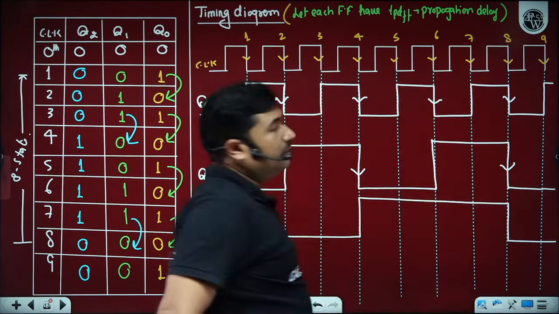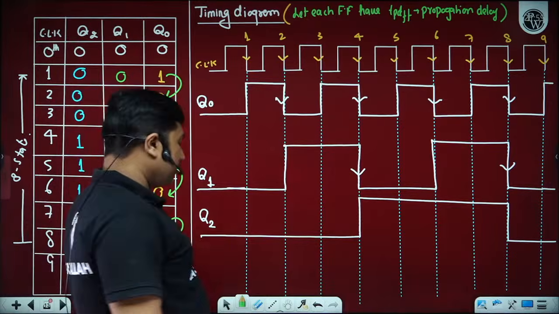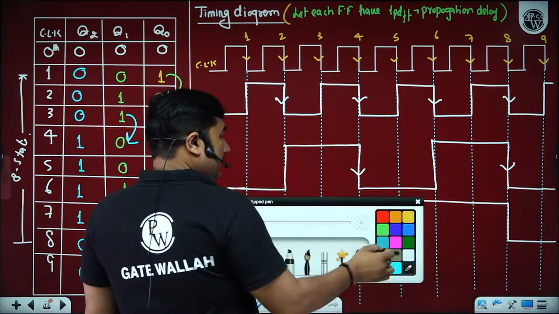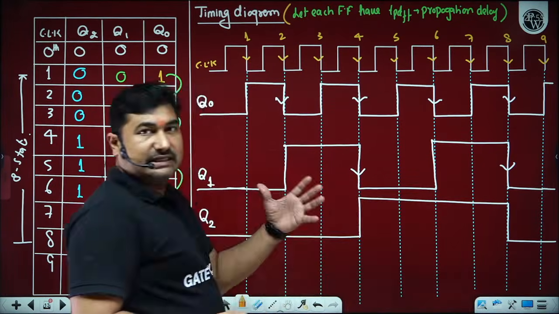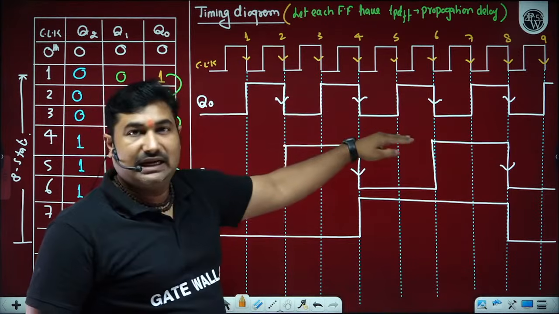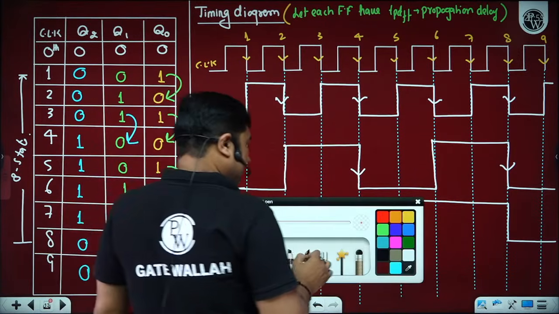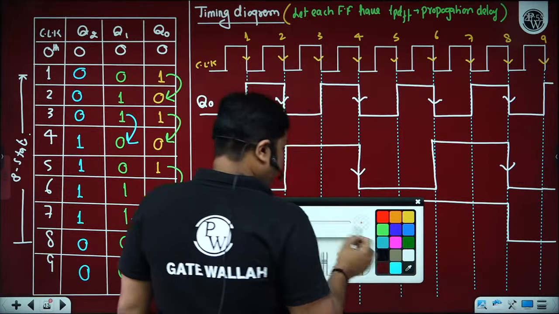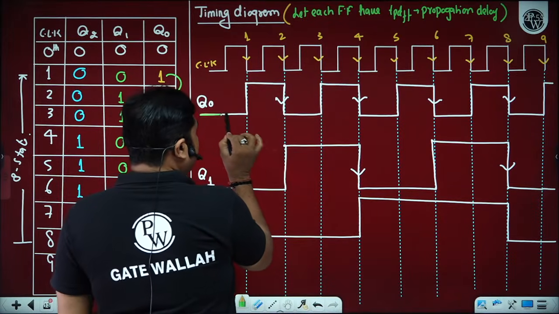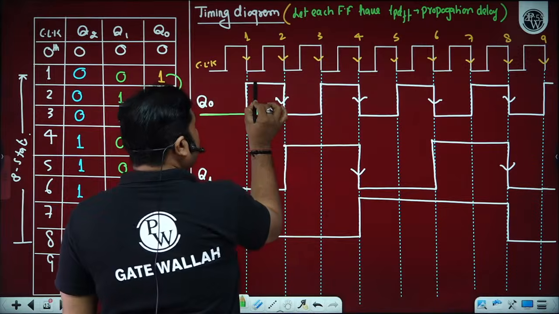If we talk about flip-flop with a propagation delay, then what happened? If the propagation delay is present, then instead of getting this white line, we will get this green line. Please observe very carefully.